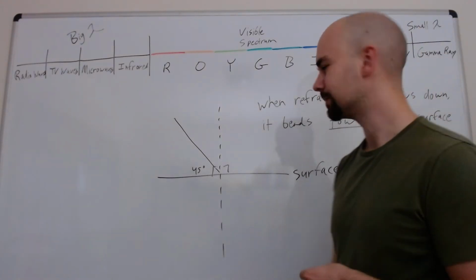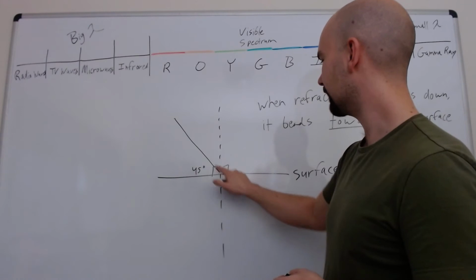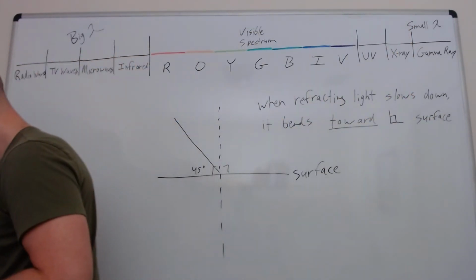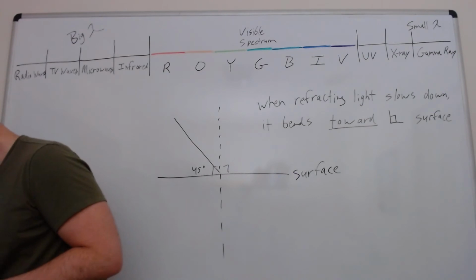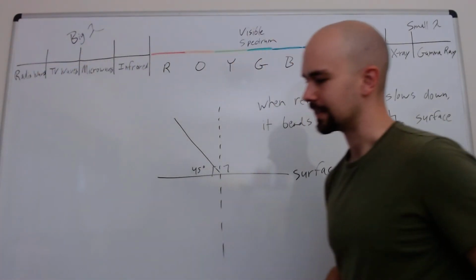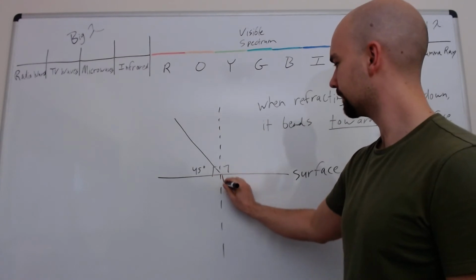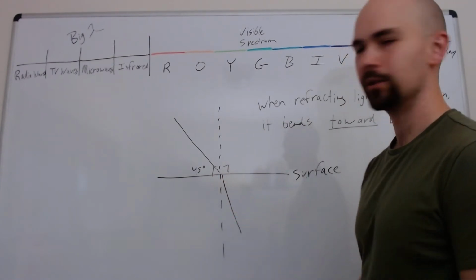In other words, here's the surface. As the light comes out, it's actually going to bend toward that surface.